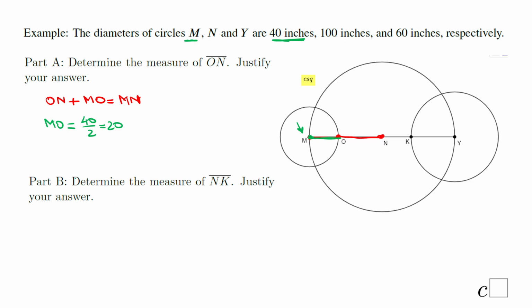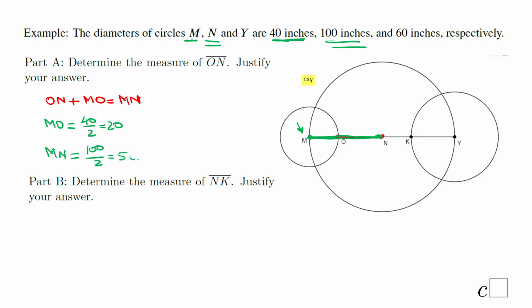Let's take a look at MN. MN is this segment, which is nothing else than the radius of circle N. So MN will be half of this 100, and that will be 50.